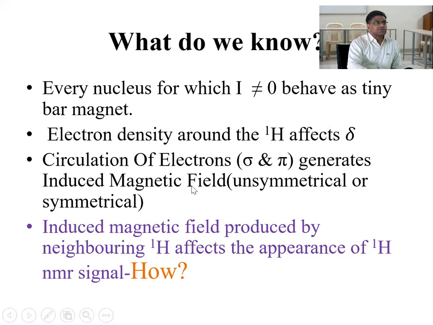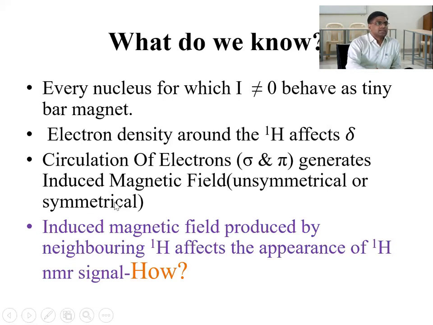This induced magnetic field may be unsymmetrical or symmetrical. What do we mean by symmetrical and unsymmetrical induced magnetic field? If circulation of the electrons under the influence of external magnetic field generates only one type of magnetic moment, then this magnetic field is called symmetrical.